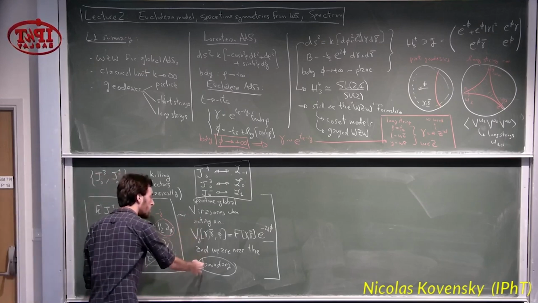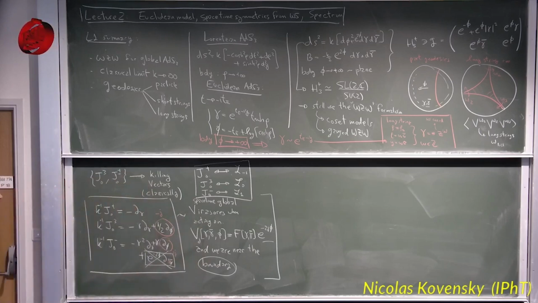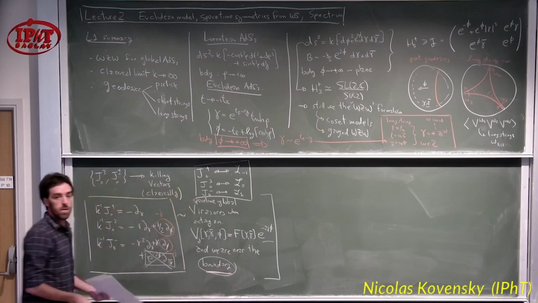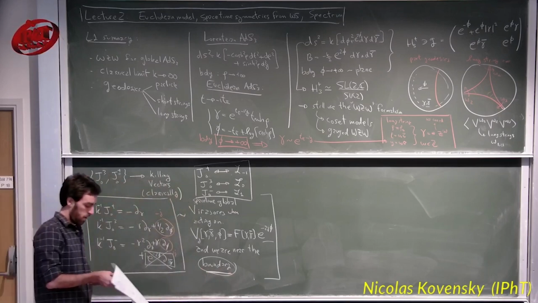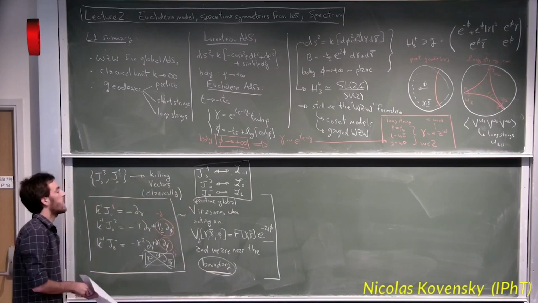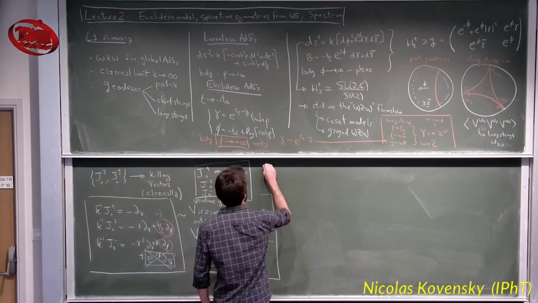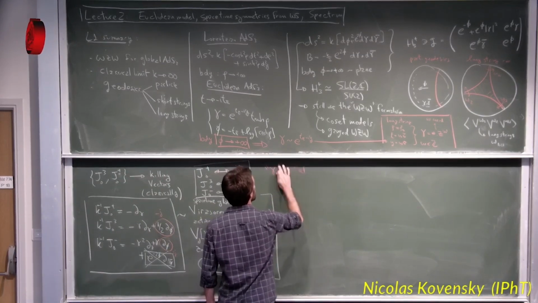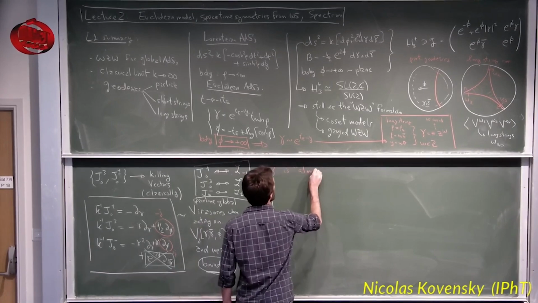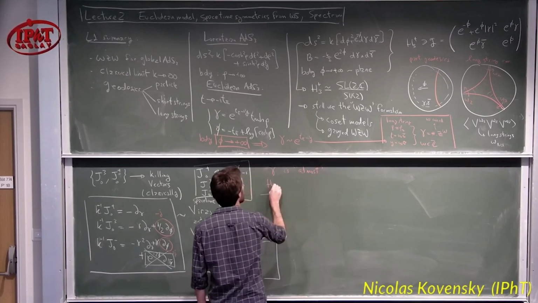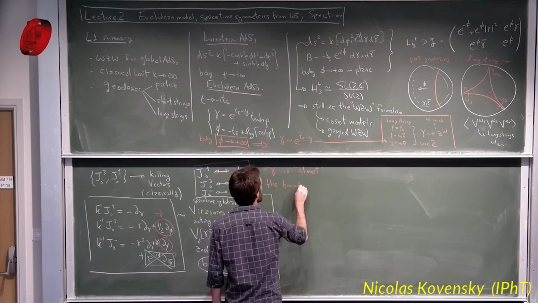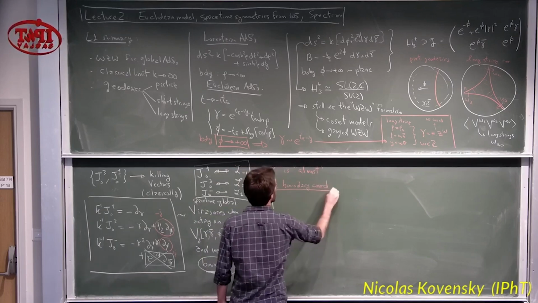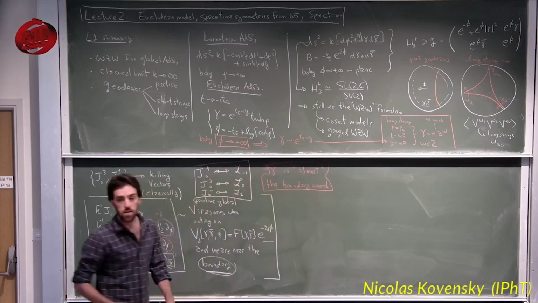So this is going to hold if I do two things. One is if I'm near the boundary. And second is if in some way I can identify gamma as the boundary coordinate.